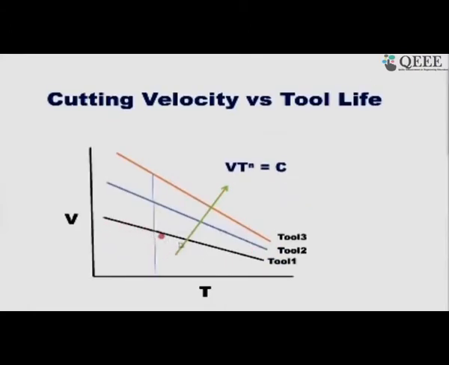This is one tool, say tool T1, and it is not giving very high performance. So, naturally we have to go for a better tool where we can change the slope of this curve and also the intercept. Here slope means n and this position means c. We know Taylor's tool life equation, VT to the power n is equal to constant. So, this we call Taylor's tool life equation.